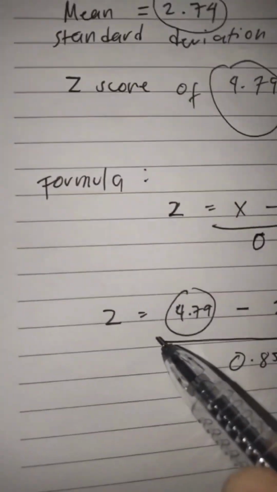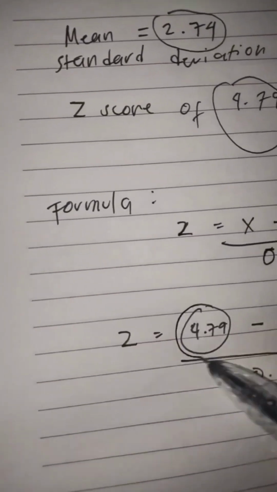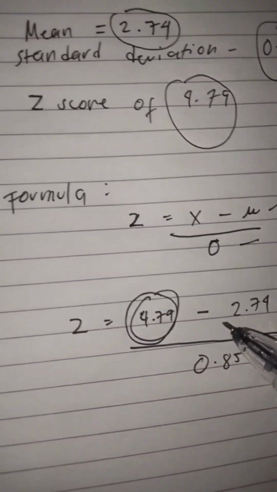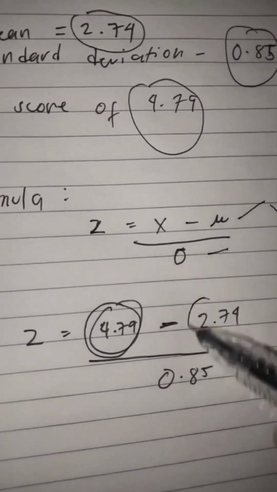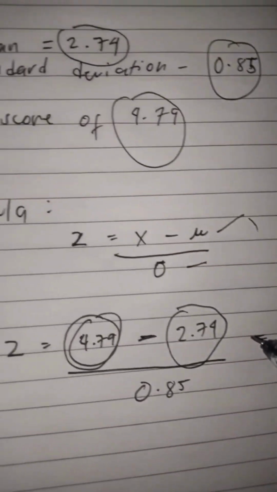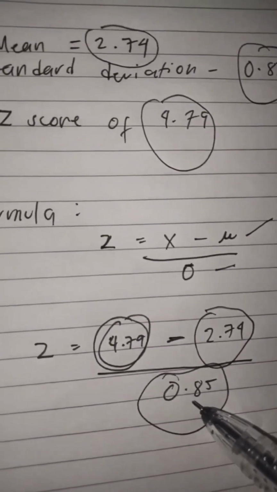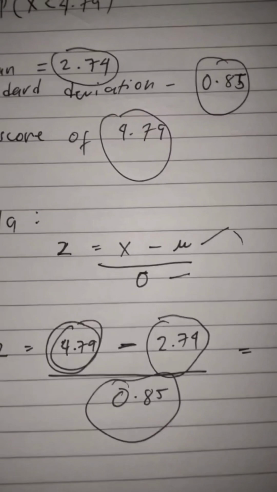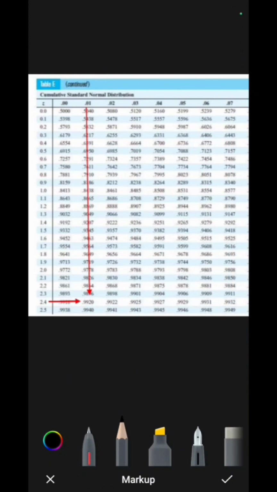So z is equal to 4.79, the raw score, minus our mean 2.74, divided by the standard deviation 0.85, and the total is 2.41. Our z-score is 2.41.